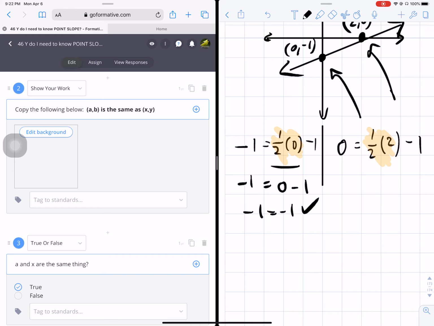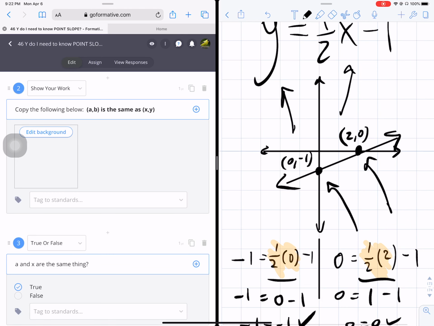So that's a true statement. 1/2 times 2 is 2/2, or just 1. And 1 minus 1 is 0. So we have another true statement. So here's what we know. We've proven that both these coordinates are on that line. So let's make up another coordinate and see if it's on that line.